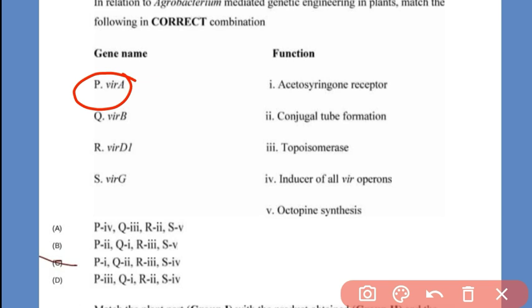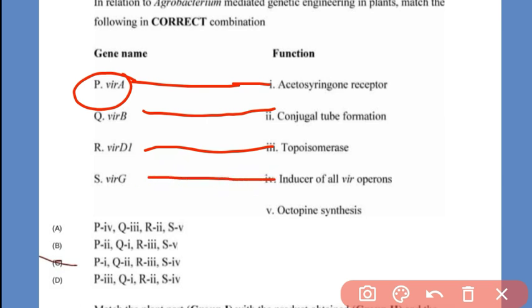VirA functions as an acetosyringone receptor, VirB for conjugation tube formation, VirD1 as a topoisomerase for DNA replication, and VirG as the regulon, or inducer, for all other Vir operons.